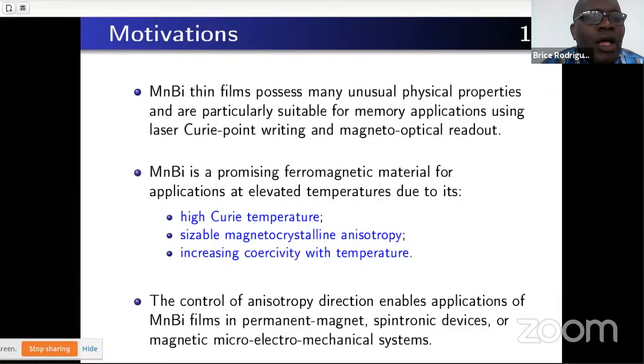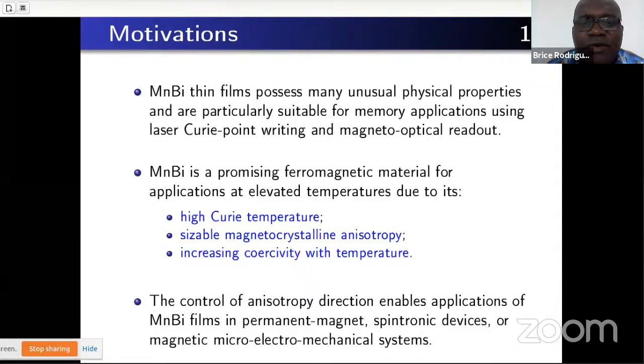About the motivation, MnBi thin films possess unusual physical properties and are particularly suitable for memory application using laser writing and magnetic readout.